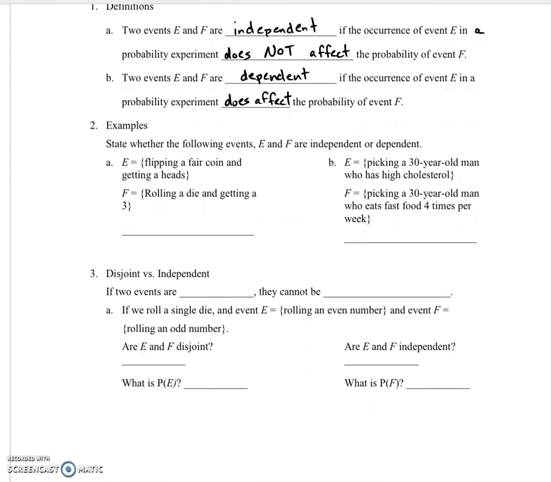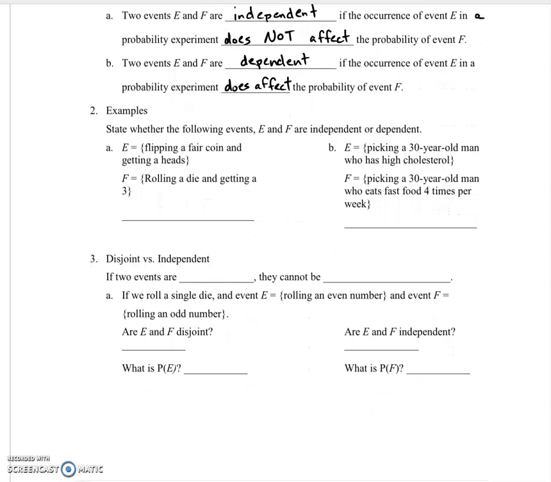So state whether the following events E and F are independent or dependent. In A, flipping a fair coin and getting heads is one event, and the other event is rolling a die and getting a 3. Are those independent or dependent?